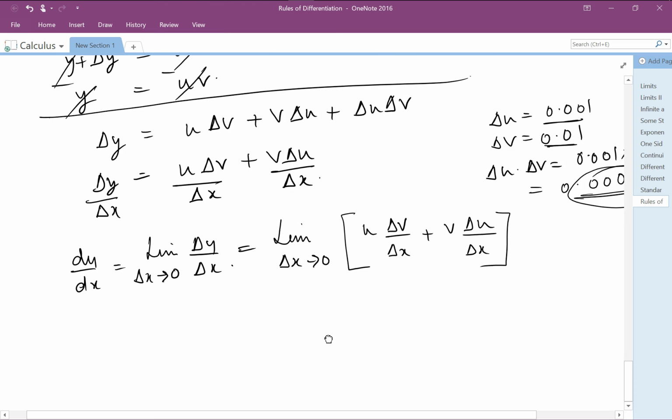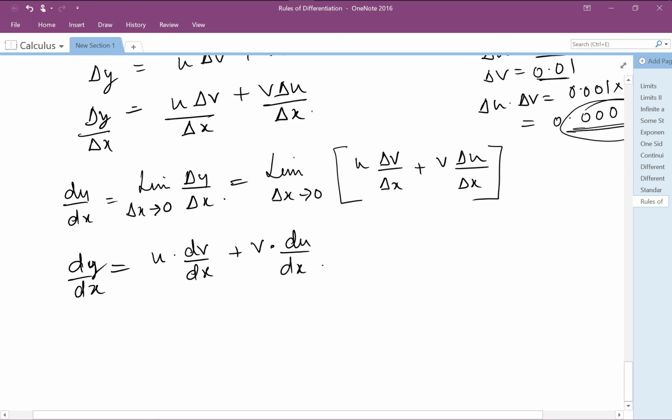Now if we take the limit, this is dy by dx, then u times dv by dx plus v times du by dx, right? So this is the formula for the product of functions.